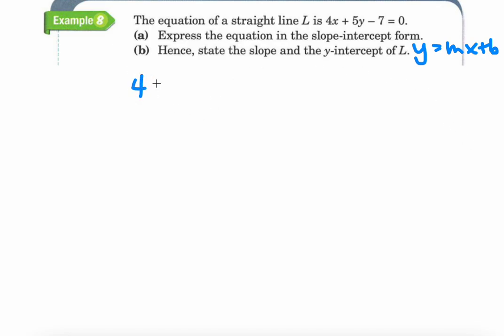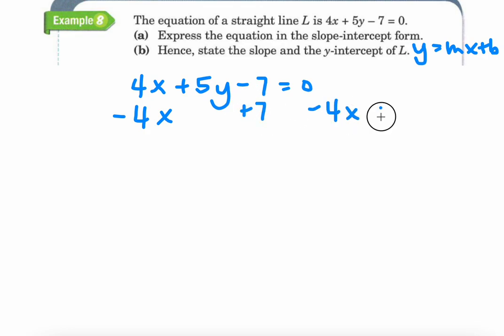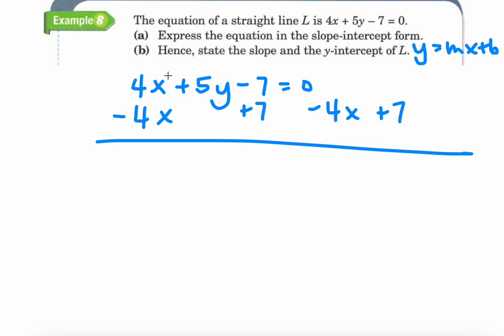Okay, so here's my equation, 4x plus 5y minus 7 equals 0. I need to get y by itself to get into y equals mx plus b form. So I'm going to start moving stuff that I don't need to the other side. Okay, so opposite operation, get rid of those. So 5y equals negative 4x plus 7.